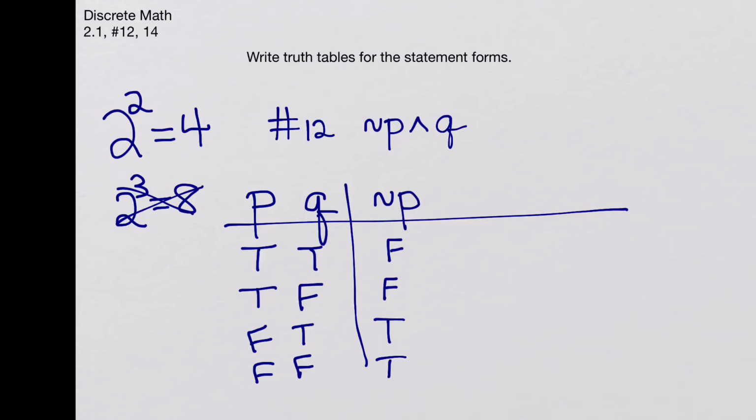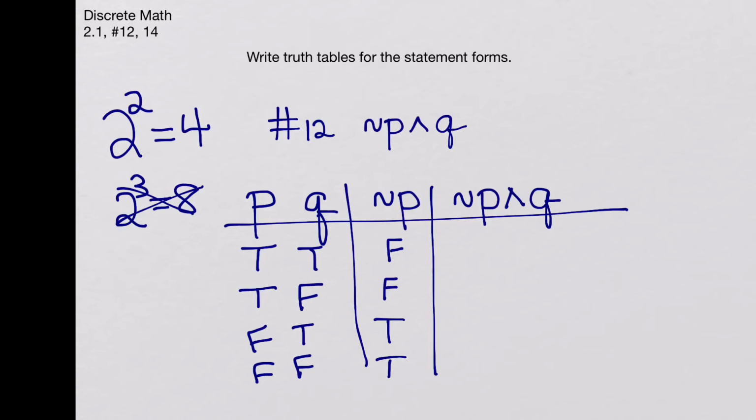Okay. So now I'm going to make the whole statement, because that's the only part that we have left. So not P and Q, and I'm joining together the 3rd column, which is not P, and the 2nd column, which is Q, and I'm joining them with an AND connector.